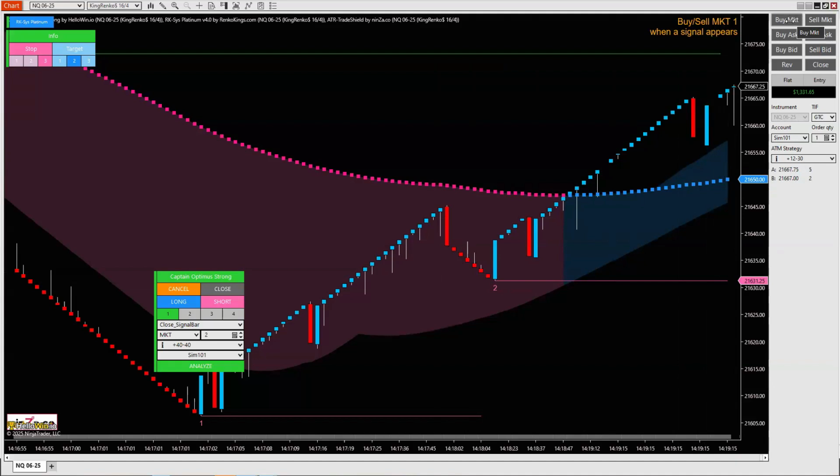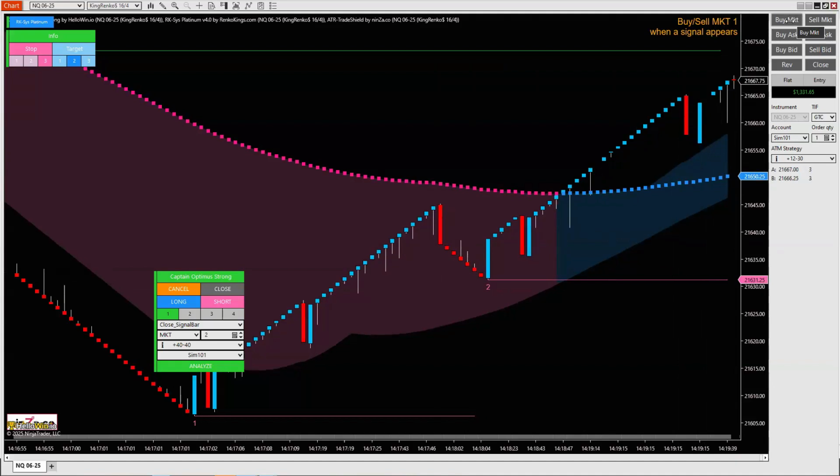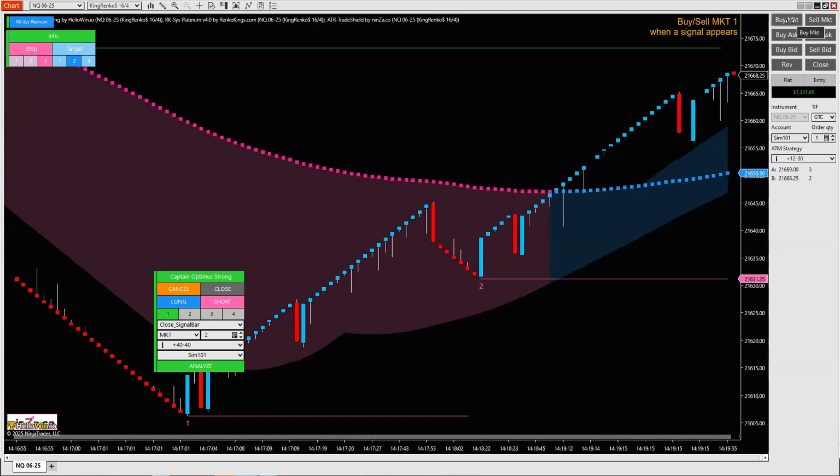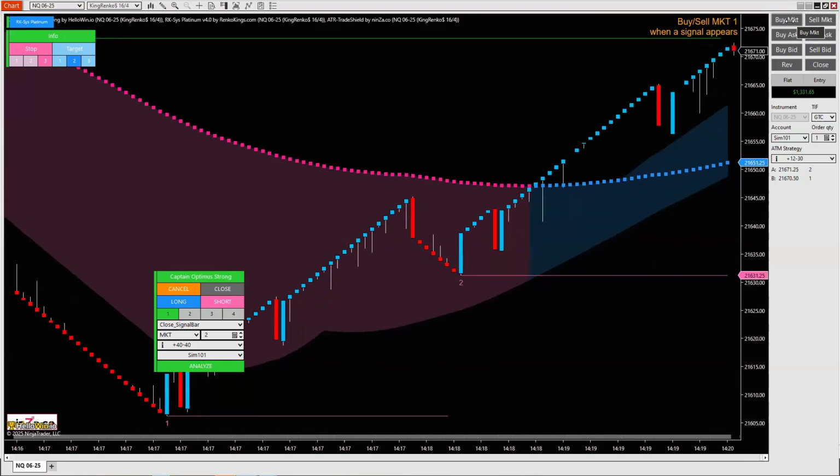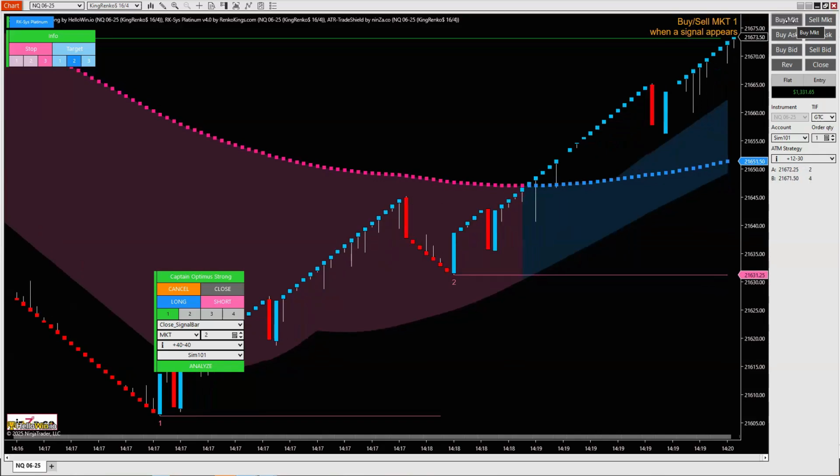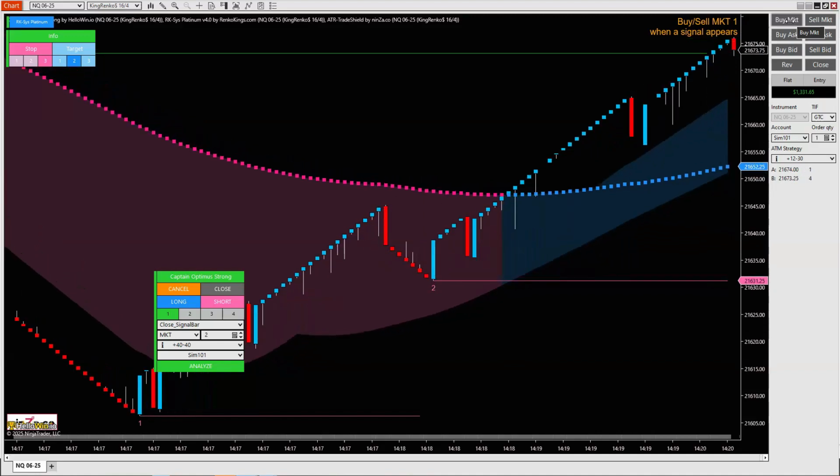Let's see if we can get a signal. Of course, now they're going completely the other way without any pullback. That's great.